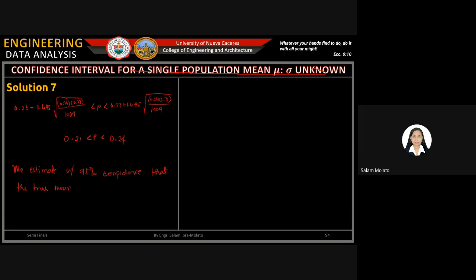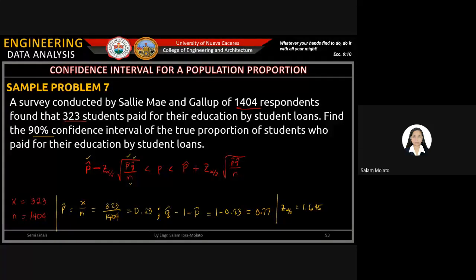What is this? It's the population, actually. Proportion. Why am I still on the mean? What does the problem say? True proportion of students who paid for their education by student loans.